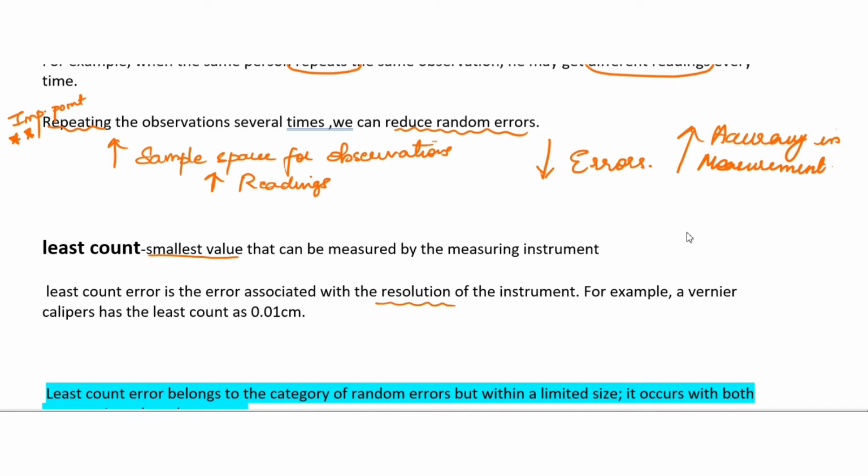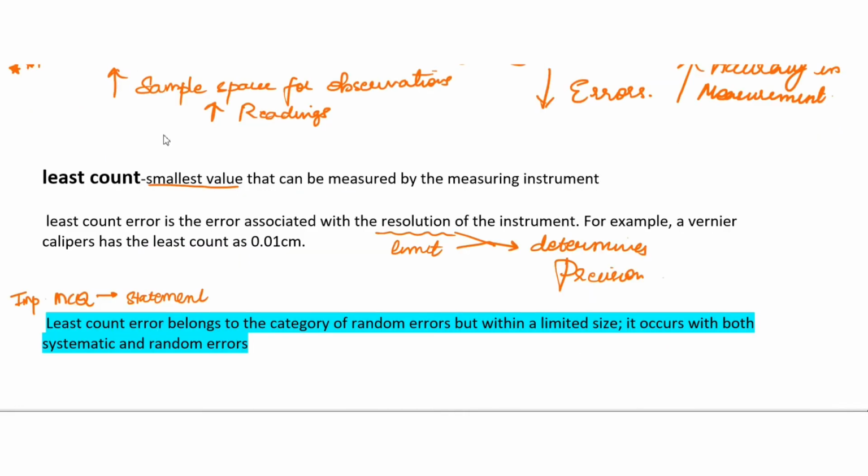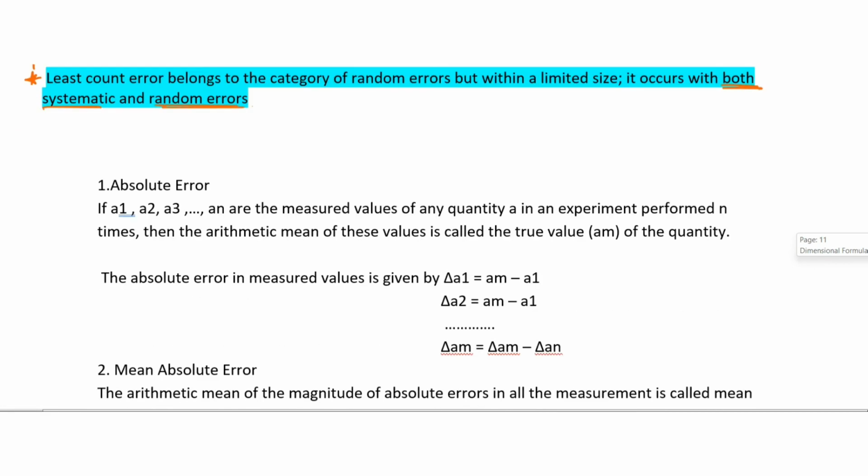Okay, so here is an important line from the MCQ point of view: least count error belongs to the category of random errors, but only within a limited range. Generally speaking, least count errors can occur due to both systematic and random errors.